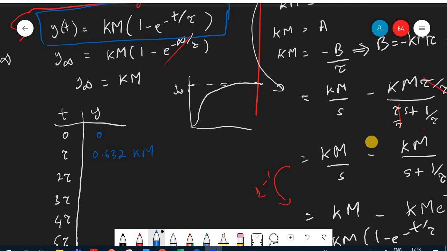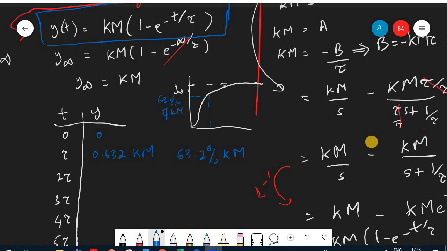So at one time constant, I am reaching 63.2% of km. This is applicable for a step input to a first order process. And km is y infinity, the new steady state, so I'm reaching 63.2% of the new steady state.